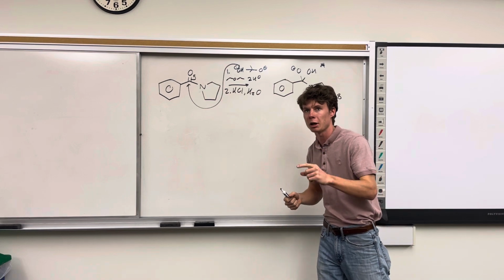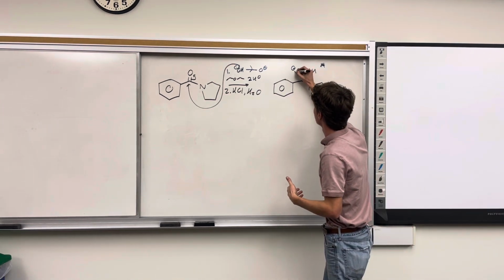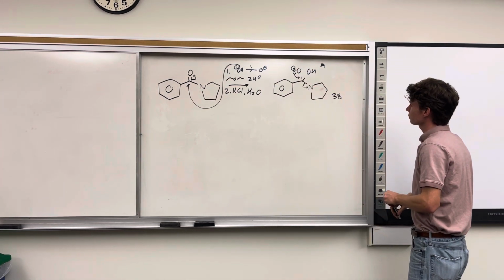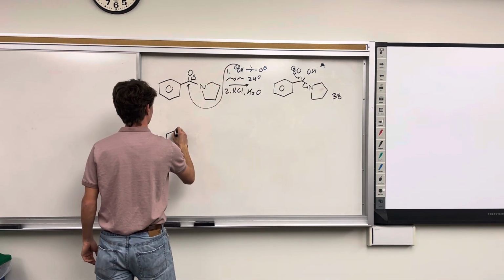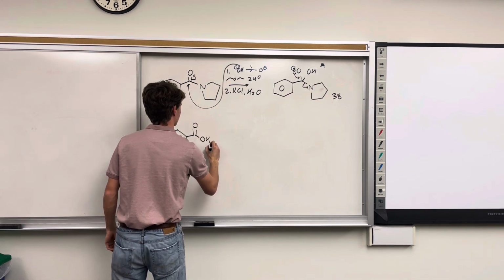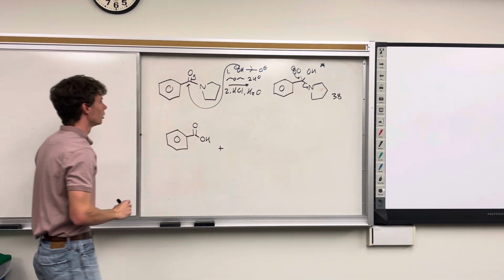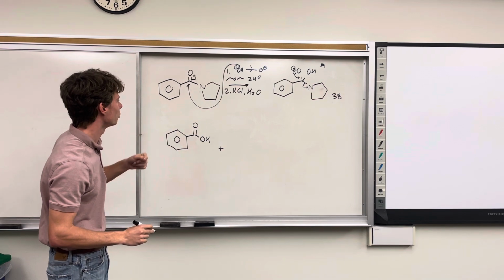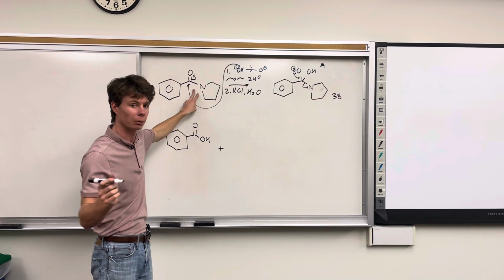Base-promoted hydrolysis of an amide. Didn't you have to look that time? So we should realize that our leaving group is going to be the one with nitrogen here. Should get carboxylic acid, and so really beginning to end, we are taking an amide and getting carboxylic acid.